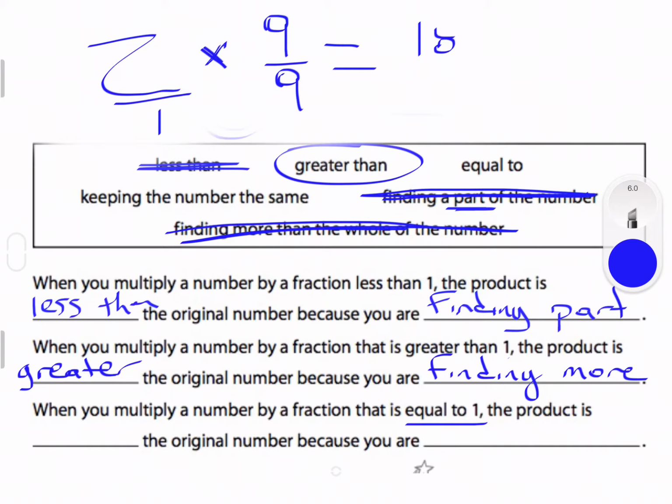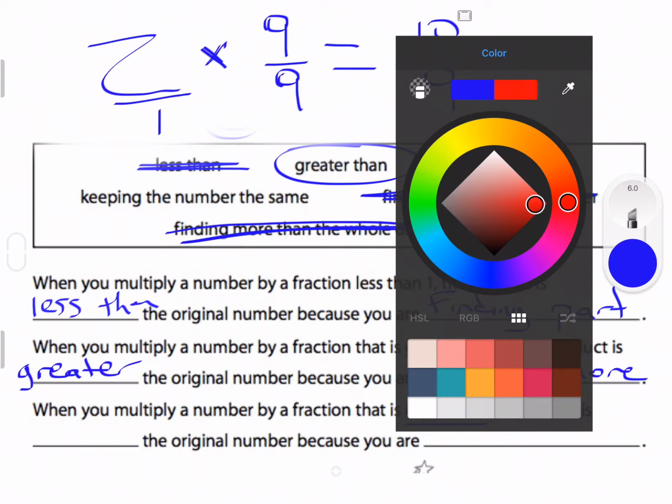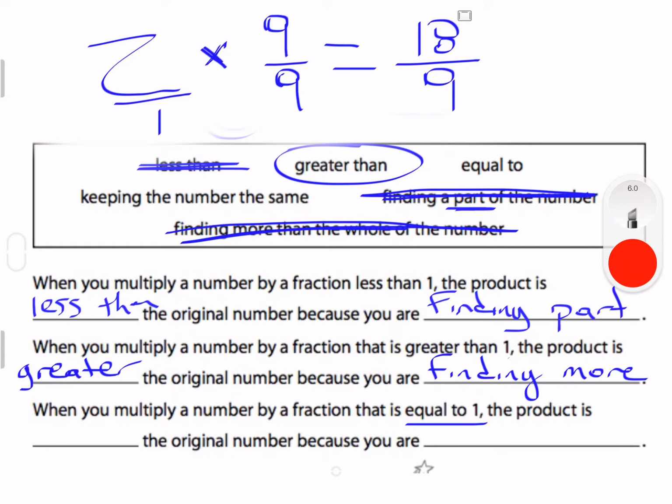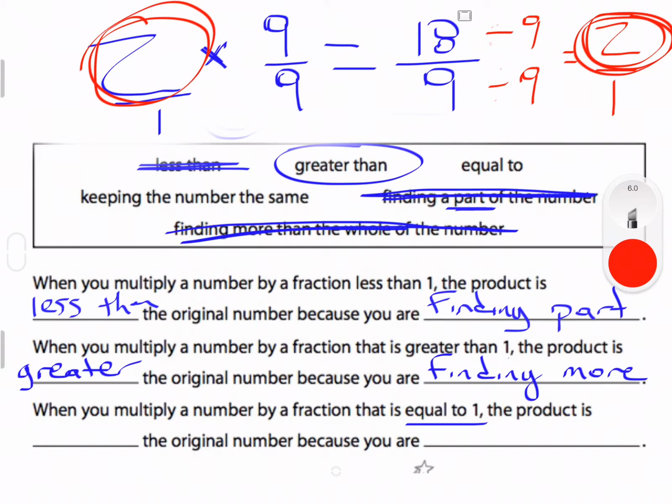There we go. 18/9. And we want to simplify or reduce that. We can pull out a 9 from each one. They have a common factor of 9. And that is going to be equal to 2/1, or simply 2, which is what we started with.